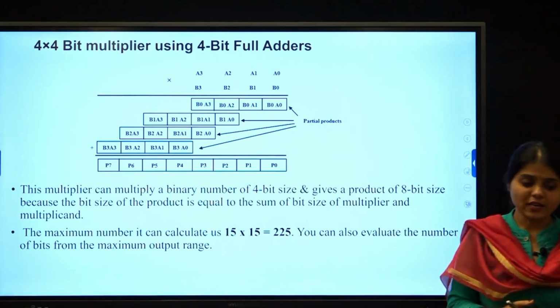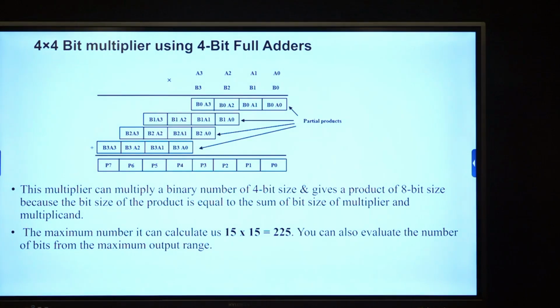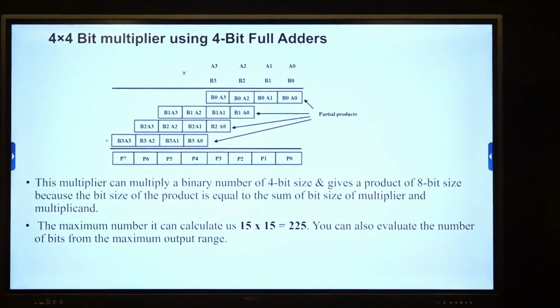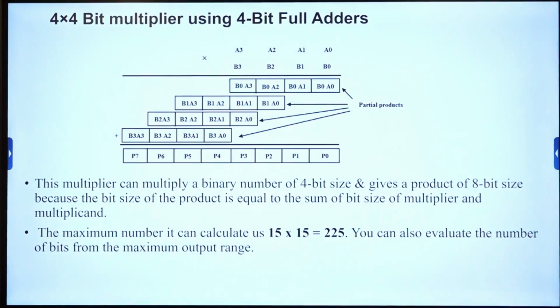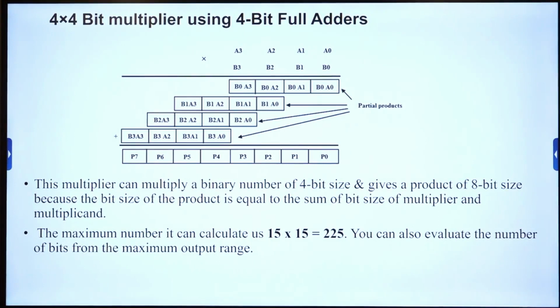Now this multiplier can multiply binary numbers of 4-bit size and gives you a product of 8-bit size. The maximum number it can calculate is 15 by 15, that is 225. You can also evaluate the number of bits from the maximum output range.